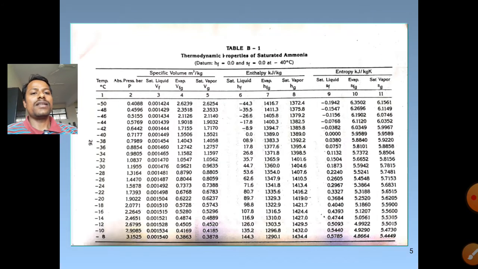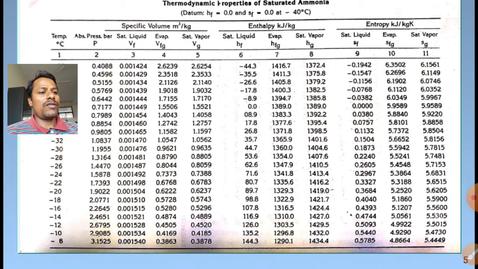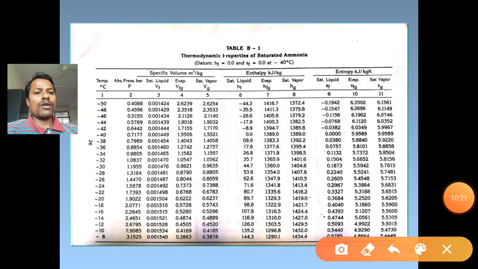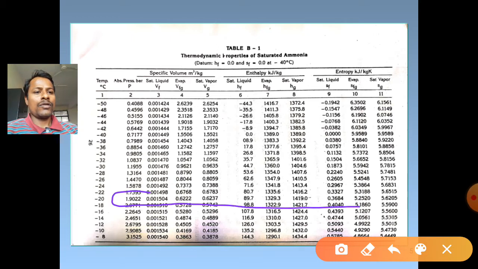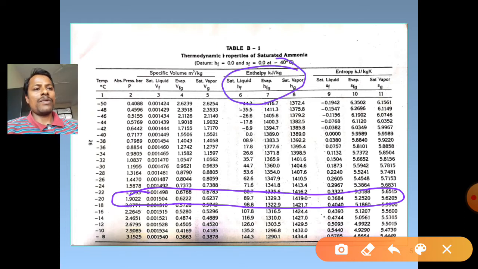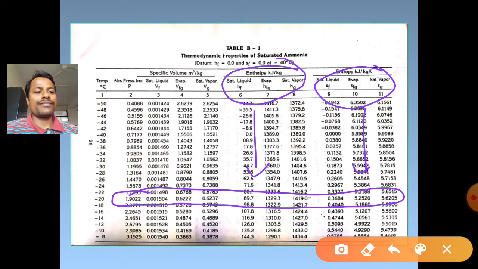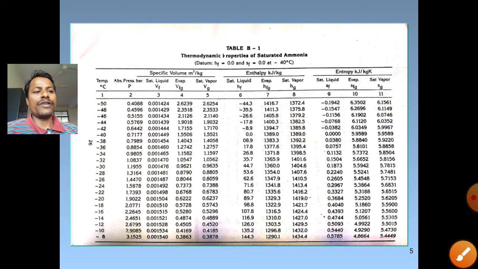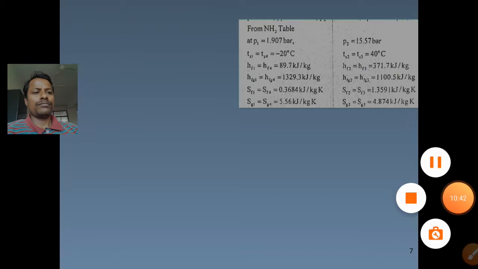So this is the table, wherein we can identify the values. We can note down the values at 1.90 bar, the enthalpy values and entropy values. Just pause this video and note down the values for comparison. Now these are the values that we noted down from the data handbook.